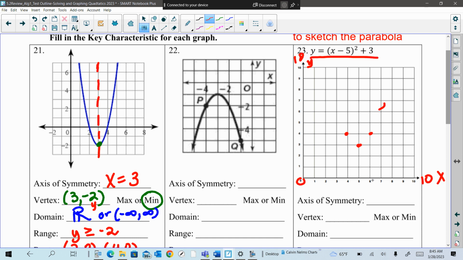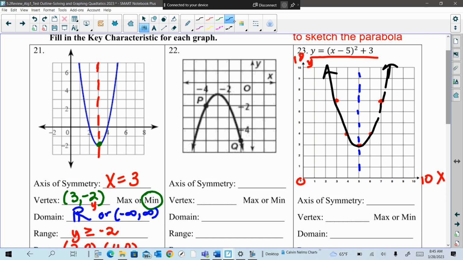Then we had 7. Point 7. And then it was reflexive. And so I knew my axis of symmetry is going through here. And I'm just sketching the parabola there.